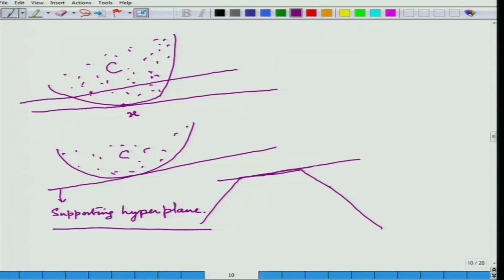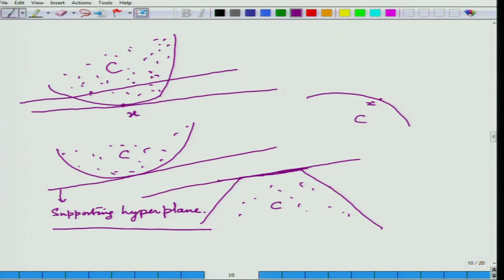So, this whole side can be a part of that supporting hyperplane. The idea essentially is as follows. Suppose you have a set C and you take any point x in the boundary. So, given any point x in the boundary, there is a supporting hyperplane passing through that point. That is exactly what the theorem says.